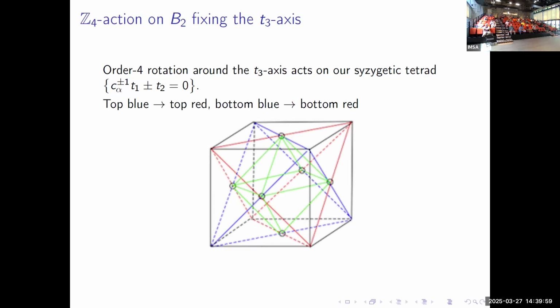Our syzygetic tetrad of theta characteristics is a top red pair, a top blue pair, a bottom red pair, and a bottom blue pair. So the rotation around the T3 axis will just interchange those. Okay.